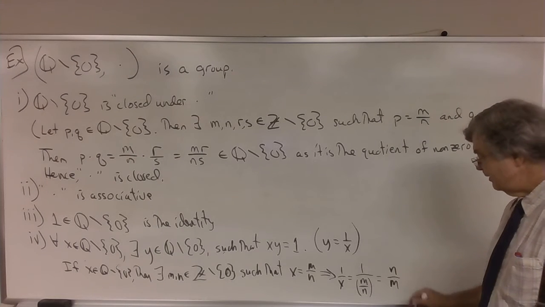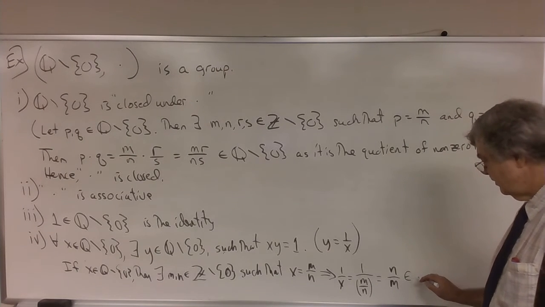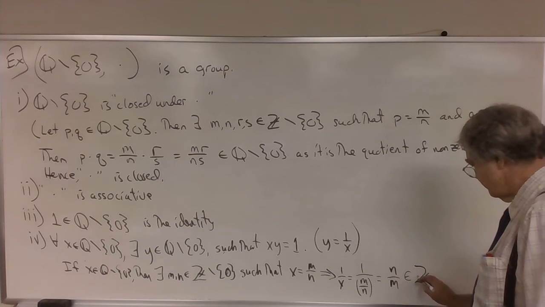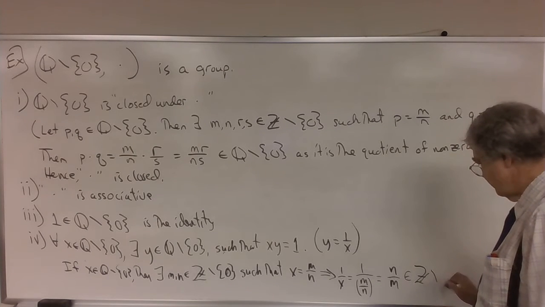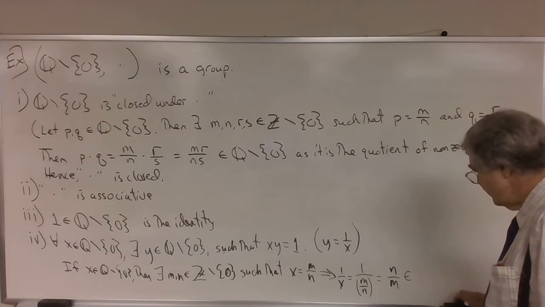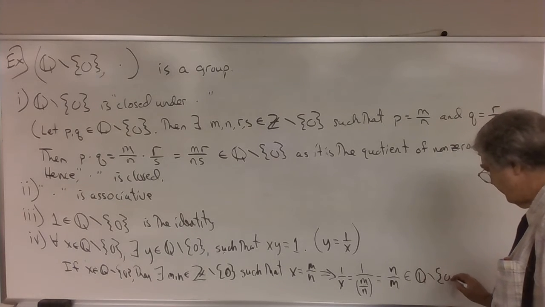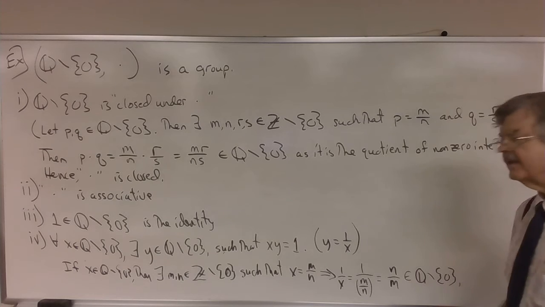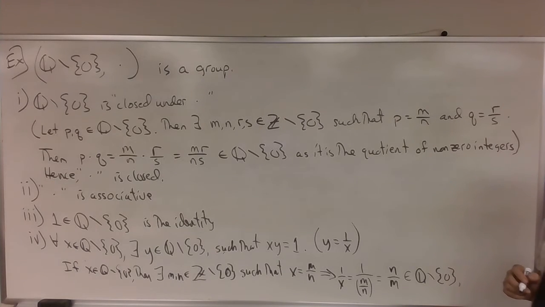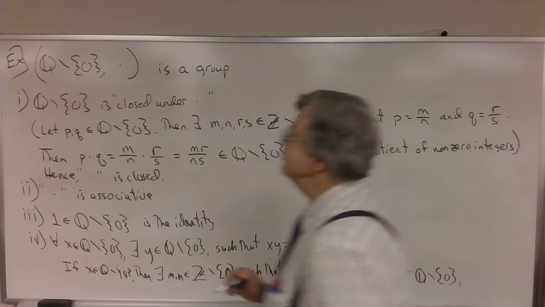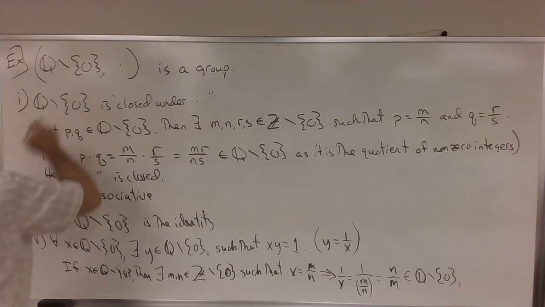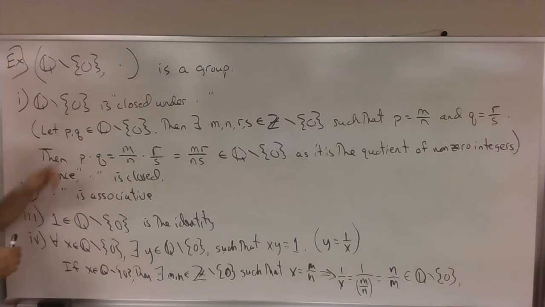Quotient of two non-zero integers, and so it's a non-zero rational number. So the set of rational numbers minus the element 0 under multiplication is a group.